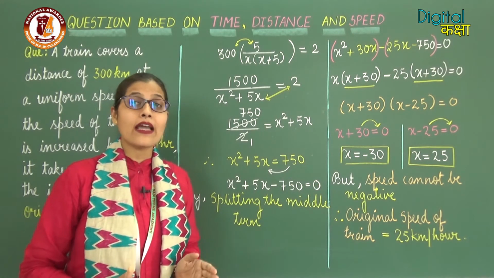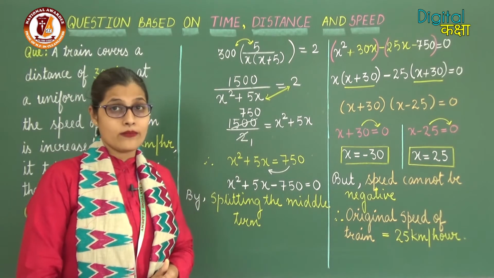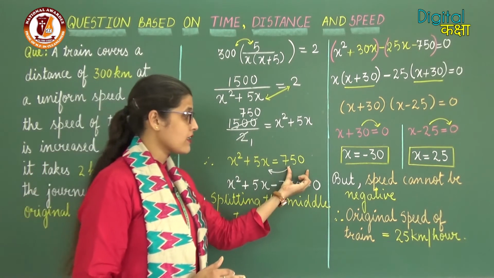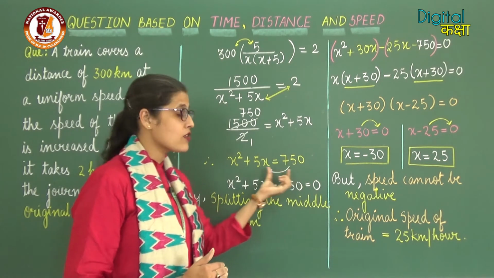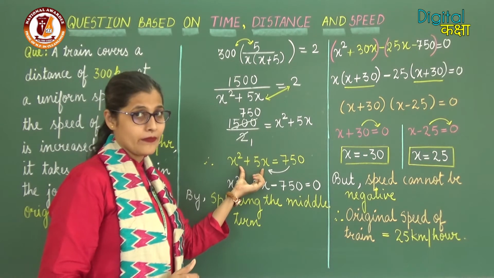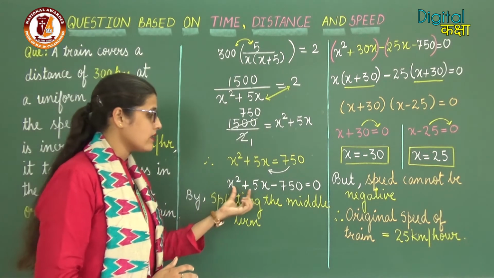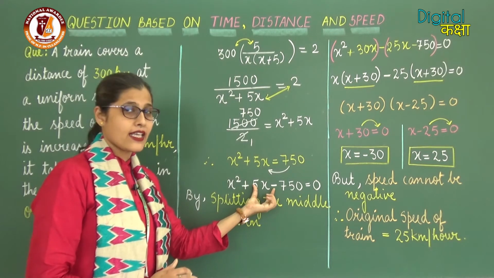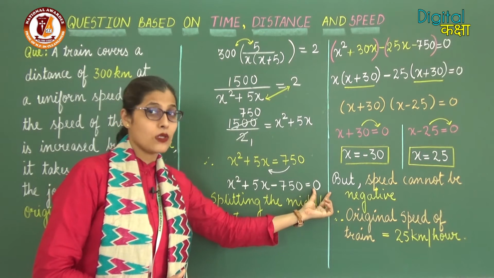Now, we will be writing the given equation in the standard form by shifting 750 from RHS to LHS. So, we will be getting x square plus 5x minus 750 equals 0.